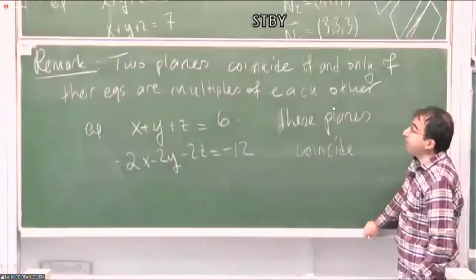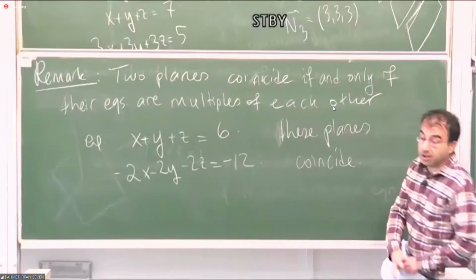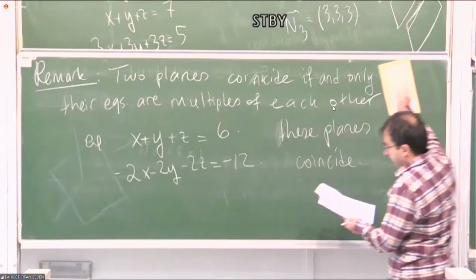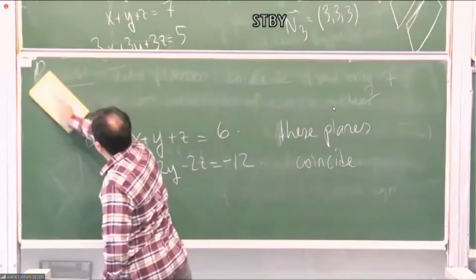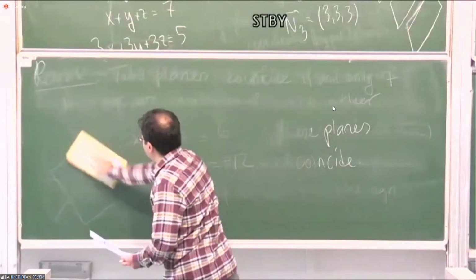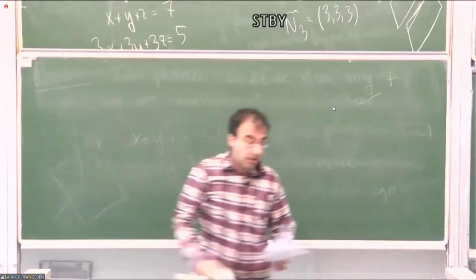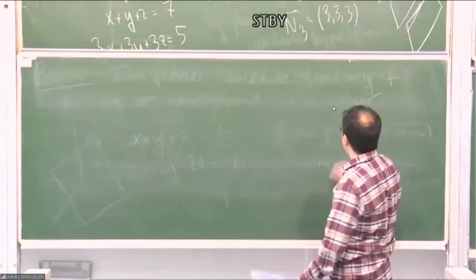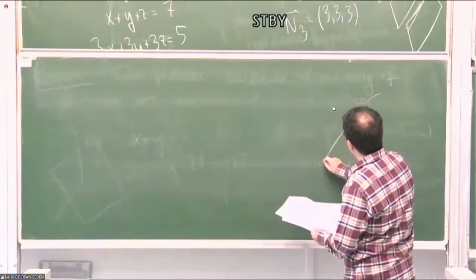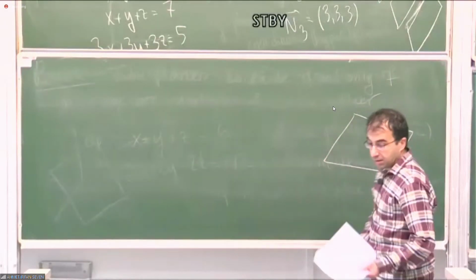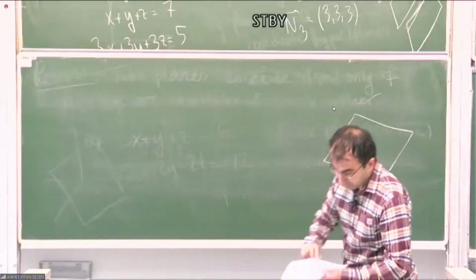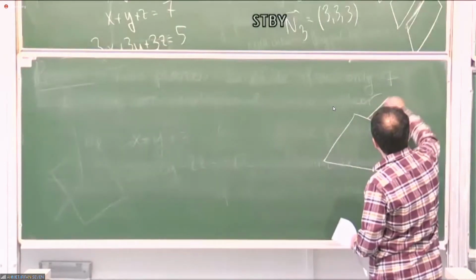Okay, now what happens if two planes are not parallel? Then they will intersect, right? If two planes are not parallel, then they will intersect, like that. So this will be one plane, for example.